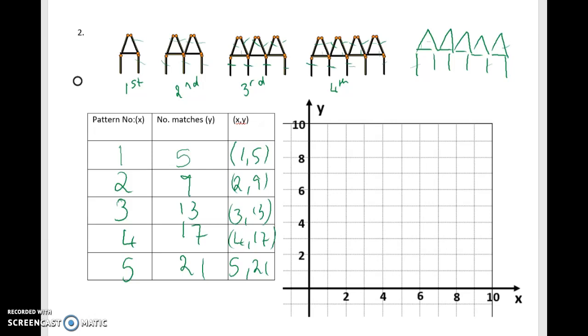I'm going to choose 1 across and 5 up. 2 across and 9 up. And now I'm going to run out of space, but if I had 3 it would be 13, so kind of going up, it's kind of going in a line, 13, etc. Okay, well done.